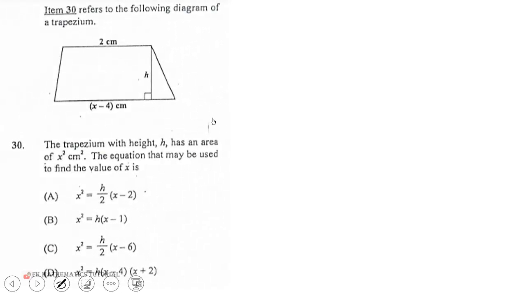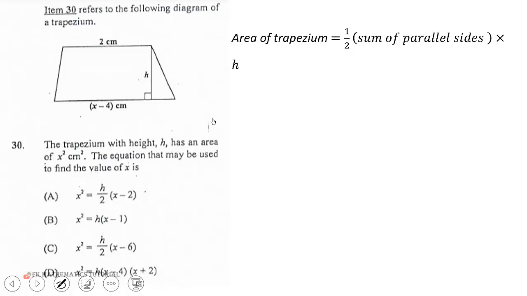Question 30. Item 30 refers to the following diagram of a trapezium. The trapezium with height h has an area of x squared centimeters squared. The equation that may be used to find the value of x is, so area of a trapezium is half times the sum of the bases times height.